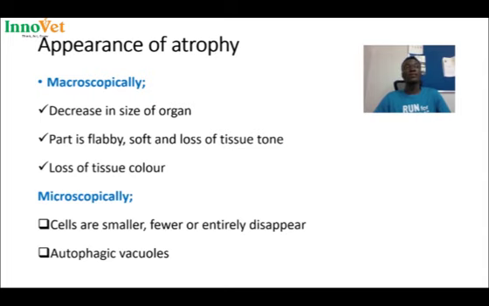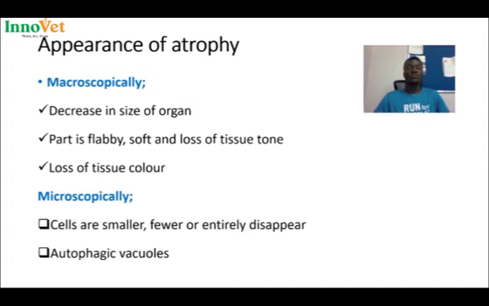And it will also lose the tissue color. Then microscopically, what we can see is that the cells will become smaller, fewer, or entirely disappear, so you will be seeing a space.